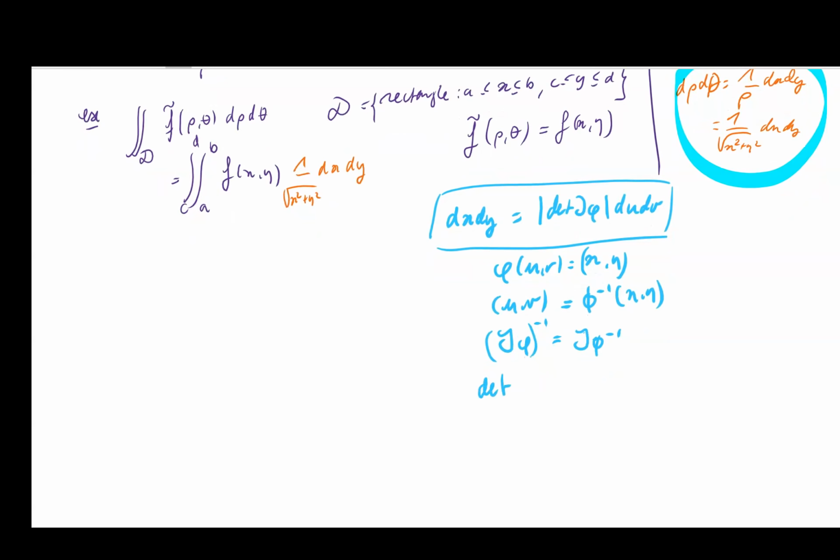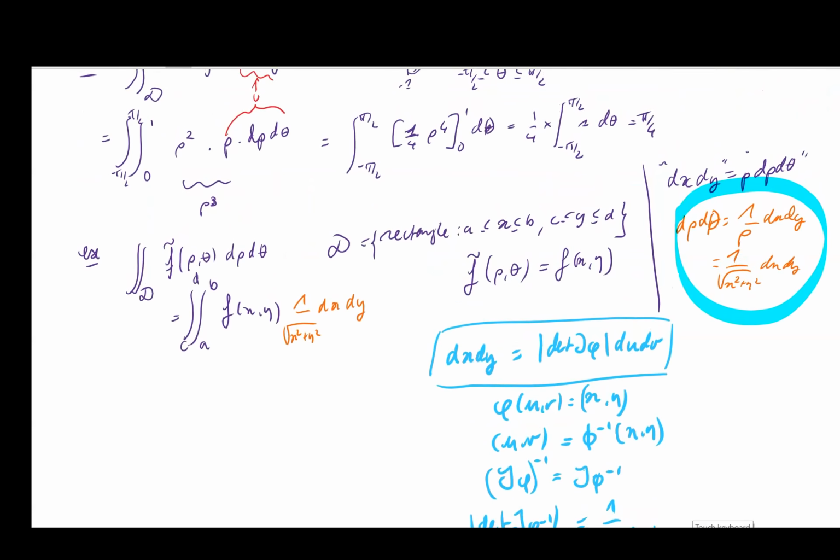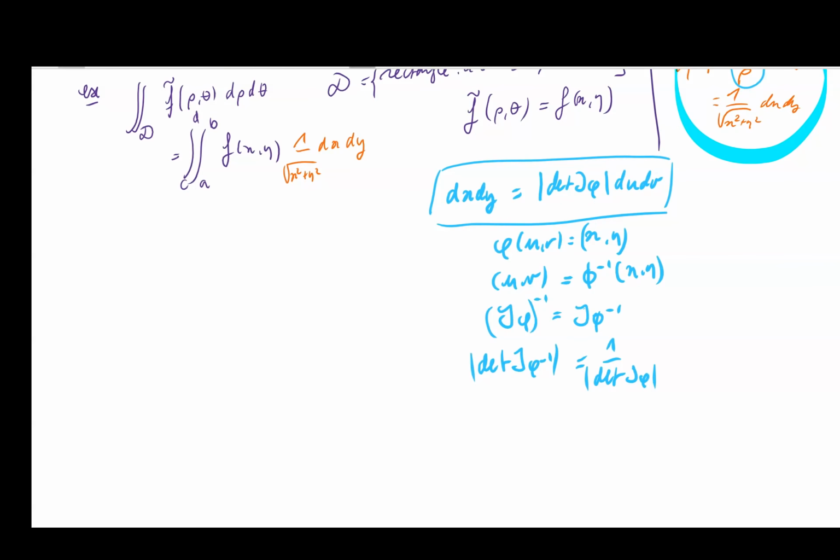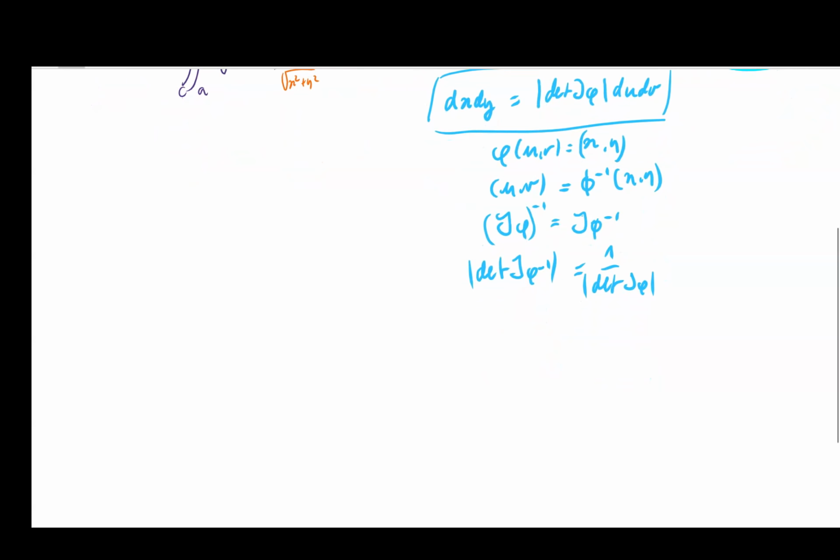The determinant of the Jacobian of phi minus 1 is going to be 1 over the determinant of J of phi. So that's why above we really found 1 over the determinant of our Jacobian matrix. That's absolutely normal, but the thing is that I have to express this using my new variables. Okay, let's do one more example, keeping that in mind.